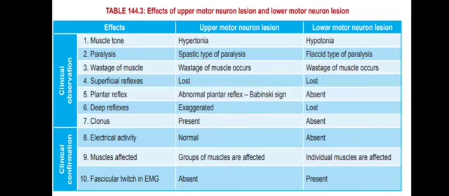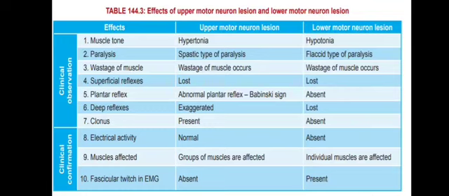Paralysis is of the spastic type, which means it will be more rigid, and flaccid type of paralysis is not rigid, it is a kind of flowy type. The wastage of muscle occurs in upper motor neuron lesion, and the wastage of muscle occurs in lower motor neuron lesion also.